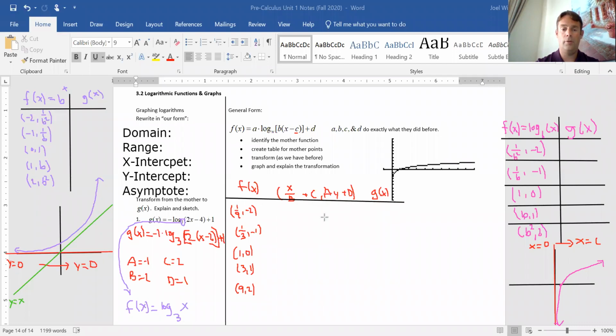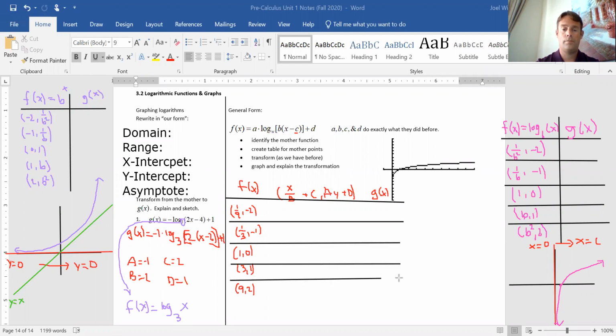Let's make our table here. All right, so just like we did transformations, just like we did the exponentials, we're going to plug our numbers in here, and we're going to figure it out.